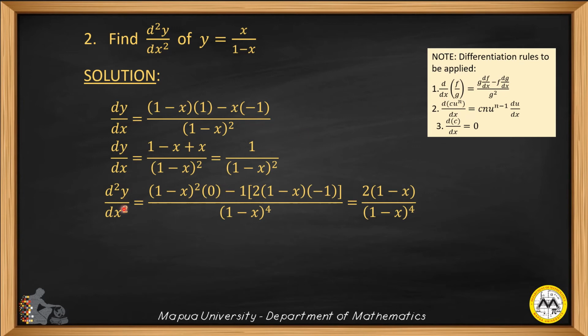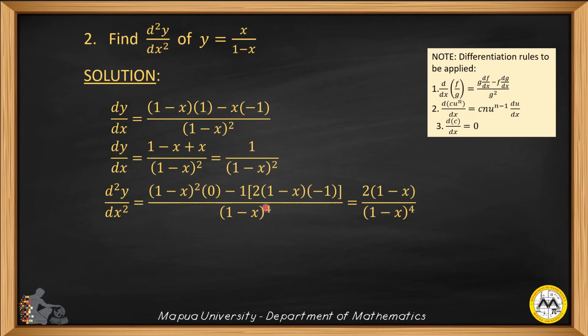Hence, the second derivative of y with respect to x is now given by (1 minus x) quantity squared, that is the denominator of this expression, times the derivative of 1, which is 0, minus 1 times the derivative of (1 minus x) squared, giving us a 2 times (1 minus x) times negative 1, the derivative of 1 minus x. This is the result of applying number 2 rule.